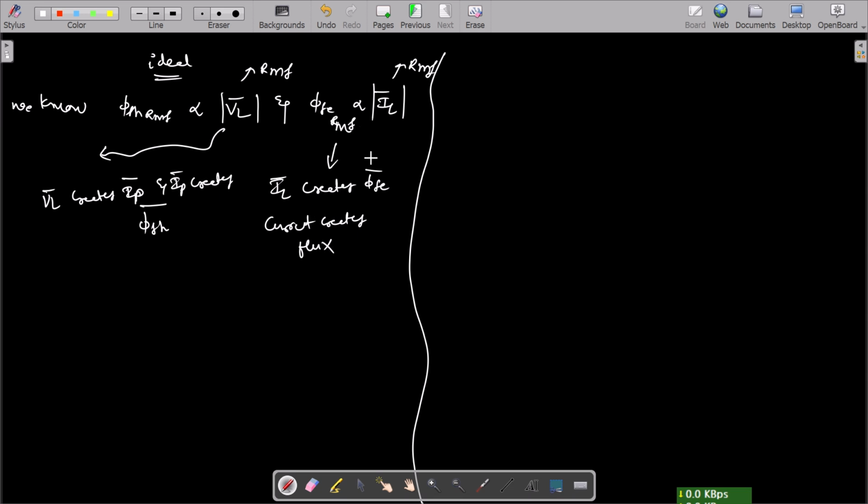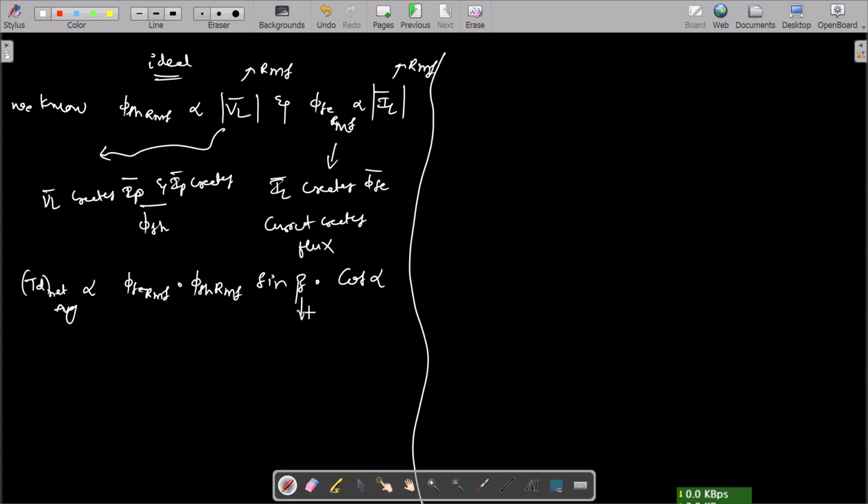Then we already know that the torque equation of the energy meter, TD net average, will be proportional to phi SC RMS into phi SH RMS into sine beta into cos alpha.